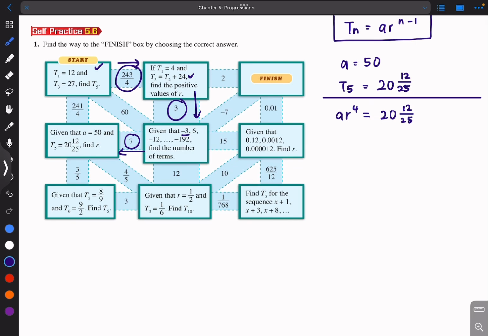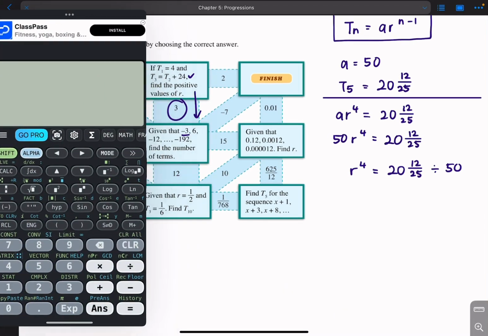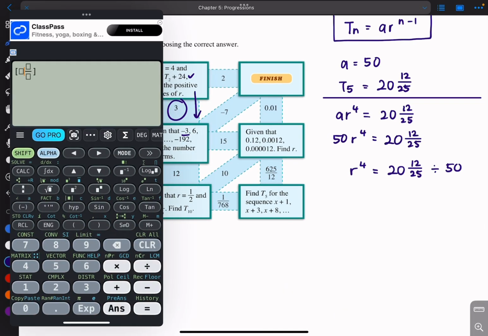We know A is 50, so we sub in 50. Then the 50 we can bring over and it becomes divide. So R power 4 will be 20, 12 over 25 divided by 50.